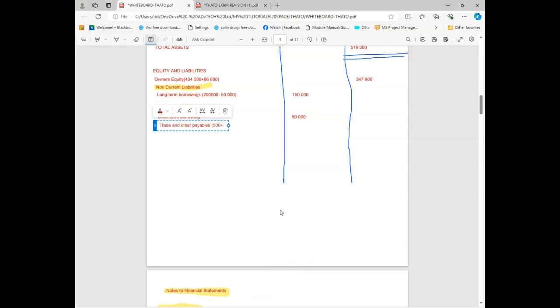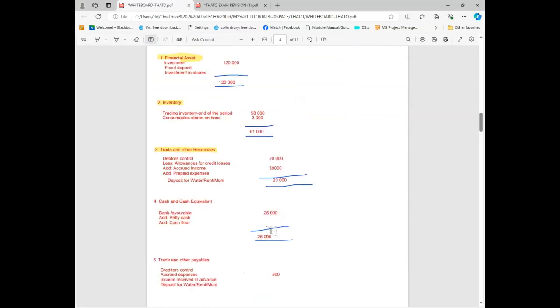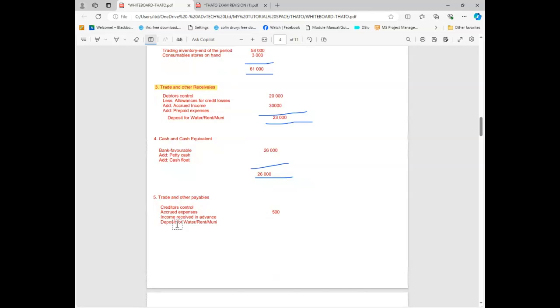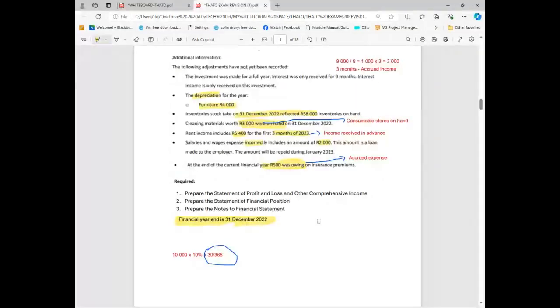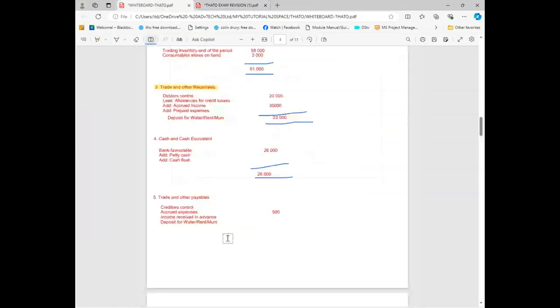Plus, and then we said we also need what? Income received in advance. I think we have it here. Yes, it's 5,400. Can you see now? 5,400 is the income. And I don't think we've got any deposit there, so we only have these two. If you had a deposit, you're going to put it there and put them together.